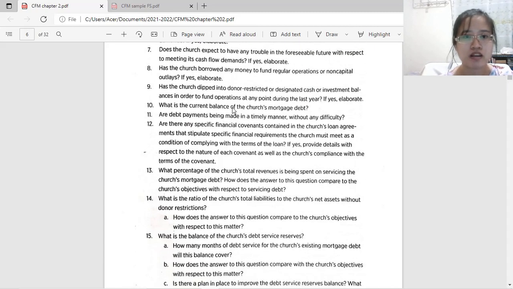Okay, and then these are somewhat concerning. Has the church dipped into donor restricted or designated cash or investment balances in order to fund operations at any point during the last year? If yes, elaborate. So, for example, the operating fund or the general fund is not enough already. It has been depleted over a few months, and the church finds itself having no more operating fund.